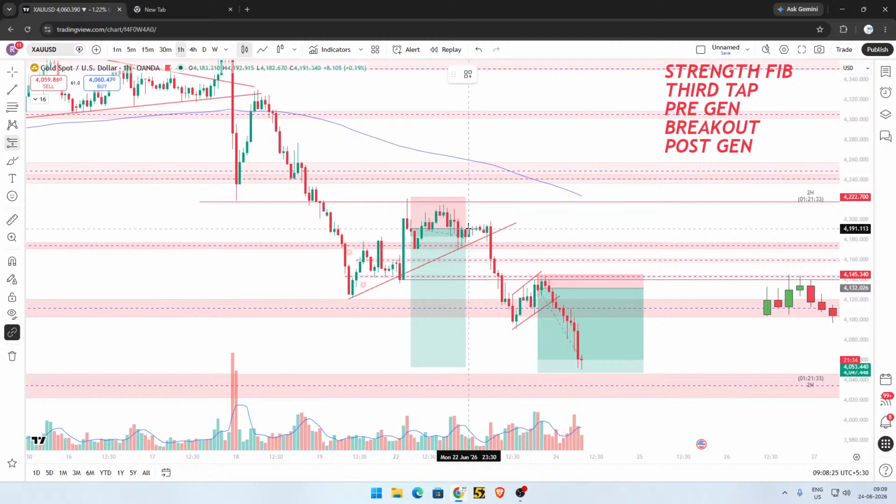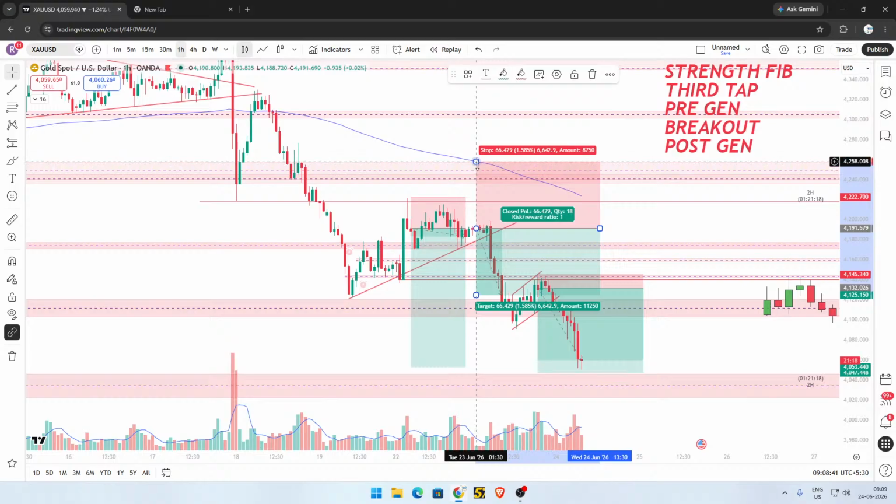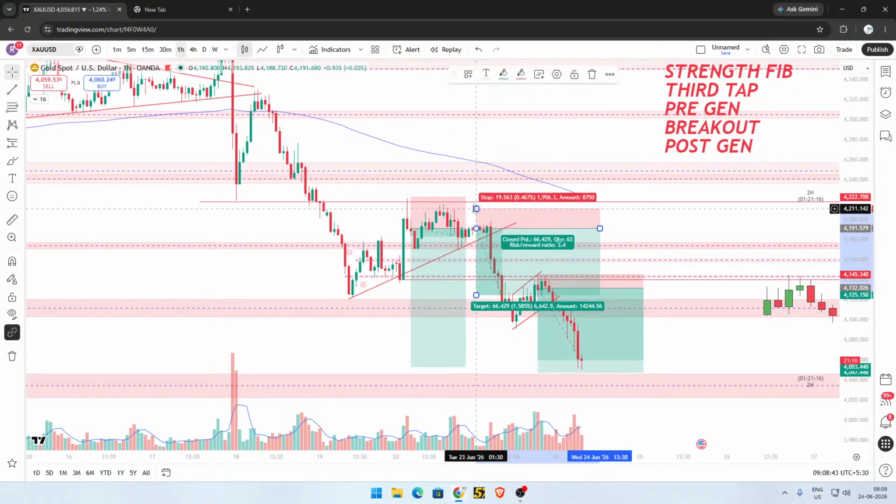In strength fib you are targeting 1.5. In third tap you are targeting between 1 hour, and in pre-gen you can target like 1 is to 3, 1 is to 2. So you are keeping a SL over here and targeting this low, 1 is to 3.